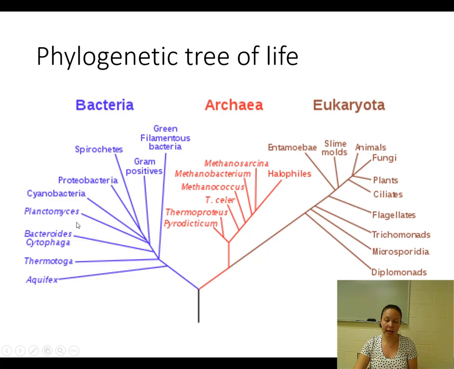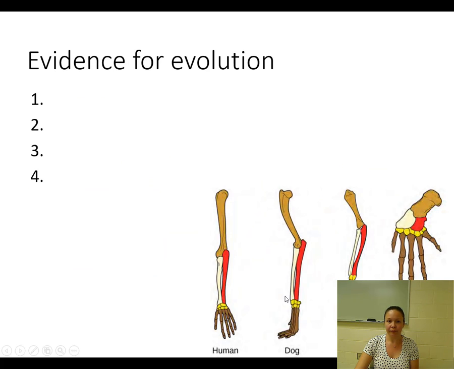This is not by any means a complete phylogenetic tree of life. It's very small, and it's just showing you some of the main organisms in each of these three domains of life, which again are bacteria, archaea, and eukarya. Animals or humans fall into this group here. So those are the three domains of life, again.